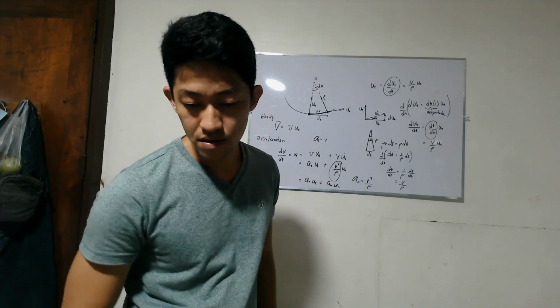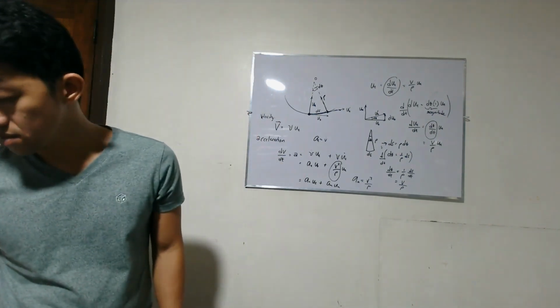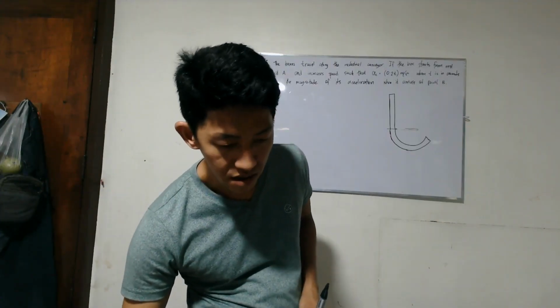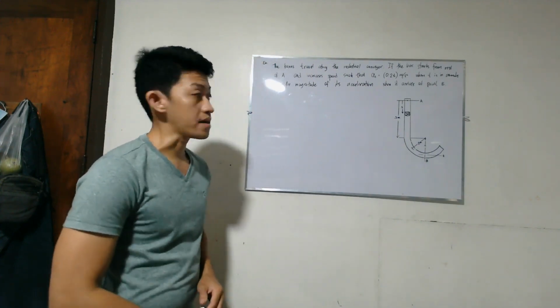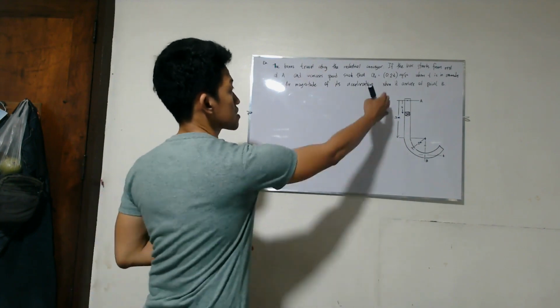Okay, so let's have this example, and you have a box that travels along the industrial conveyor.